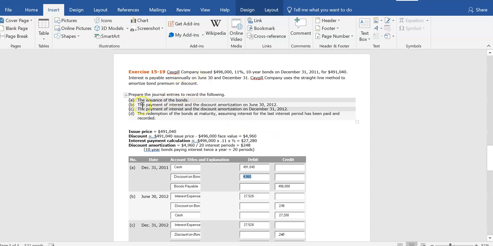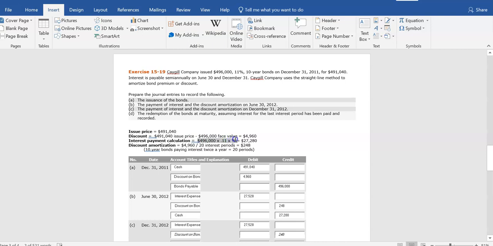Then, in 6 months, on June 30th of 2012, first interest payment is due to the bondholders. Interest is payable semi-annually. Let's figure out how much the bonds will pay. We will multiply the face value of the bonds times the stated interest rate. 496,000 times 11% would give us a full year's worth of interest.